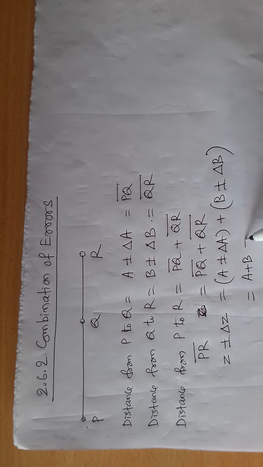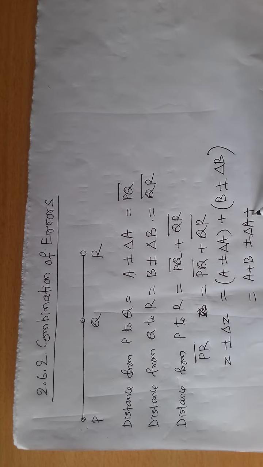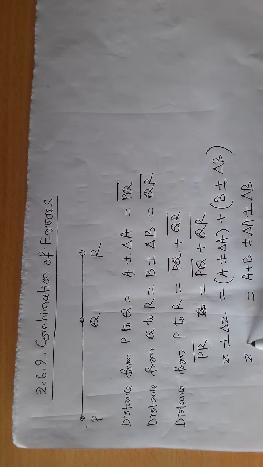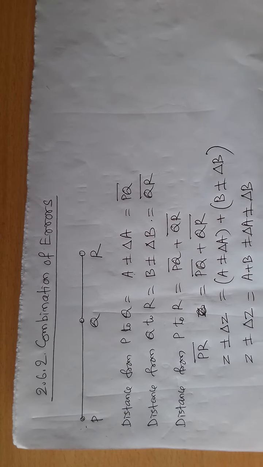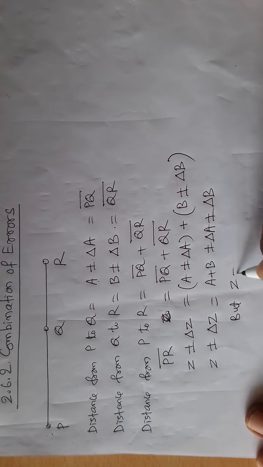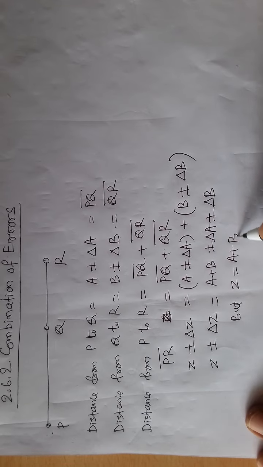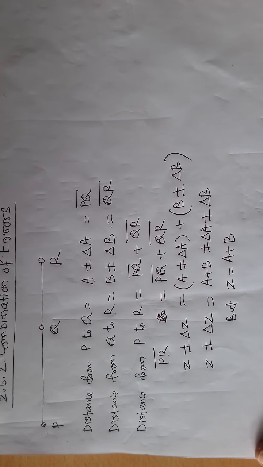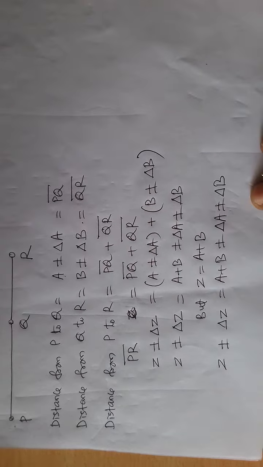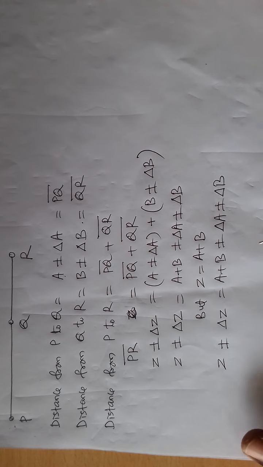Now plus or minus delta A plus or minus delta B. Here Z plus or minus delta Z. But Z is equal to A plus B. Therefore here, see Z is a sum of A plus B readings now.